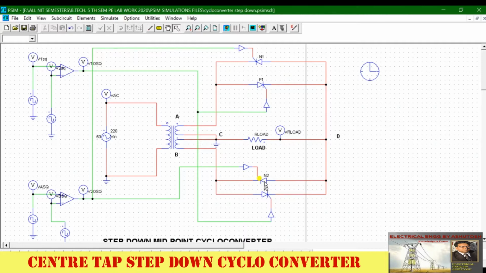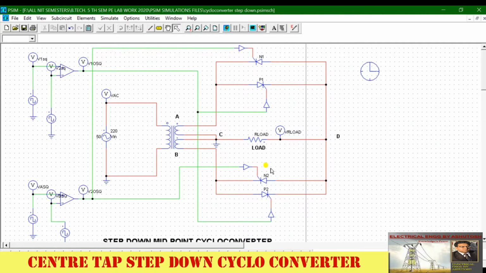In a cycloconverter the output frequency may be higher or lower than the input frequency. Here the power circuit of the single phase to single phase center tap configuration is shown. There are two groups of SCRs: one group is P1 and P2, and the other group is N1 and N2.